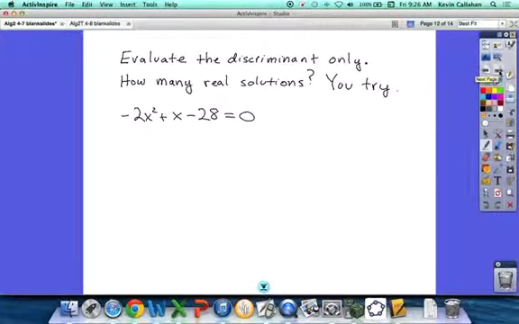Same thing. Do the b squared minus 4ac. We don't need all the rest of the formula.